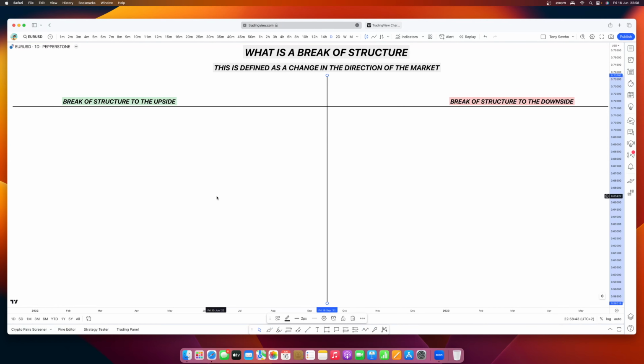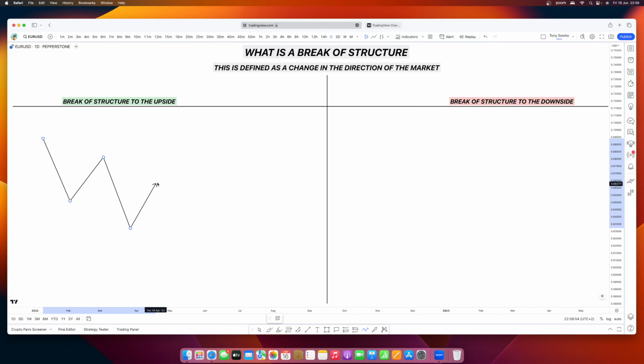So now what we're trying to say is price was previously selling, right? So we had price doing like this: lower low, lower high, lower low, lower high, lower low, lower high, lower low, and then a break of structure.